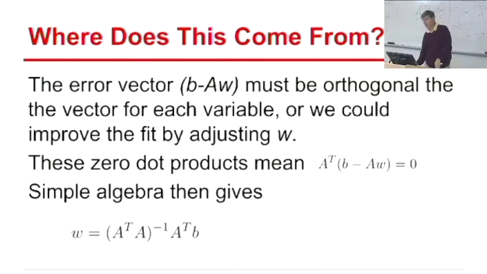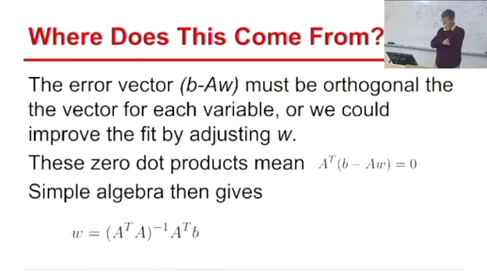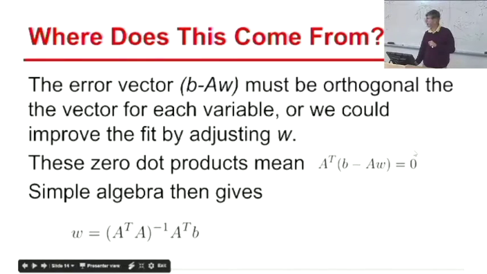So we have the property that the errors can't be improved by changing the coefficients, which works out to being that the error vectors are orthogonal to the values for each variable. Okay, this is the property you have to see that I'm not going to prove. If it's orthogonal, then the dot product of two orthogonal vectors is 0, and then you get this kind of thing. Okay? Any questions? Okay, but bottom line, we now have a way to solve for these coefficients.